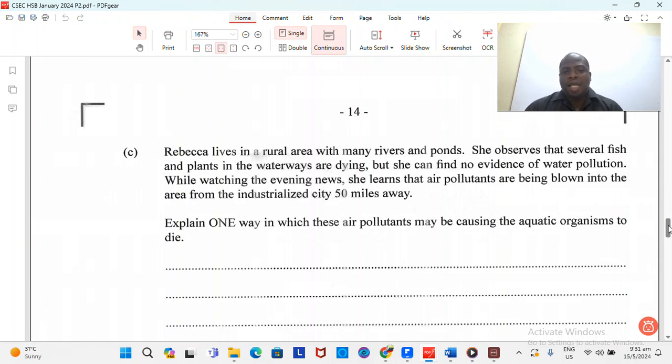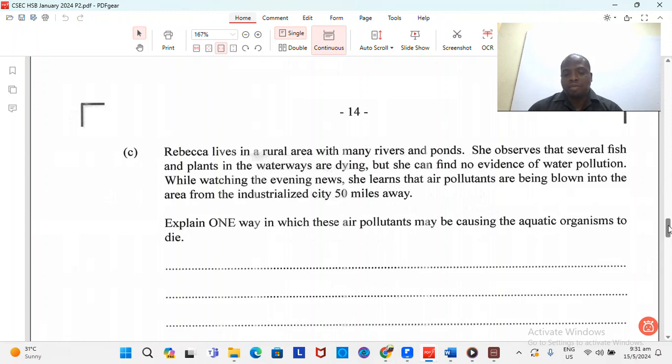And while it does not happen right away, we have terms such as bioaccumulation. Over a period of time, these small particles fall into the pond, and you may not see the death of the organisms right away, but due to the constant blowing of the air pollutants into the water, it gets accumulated.